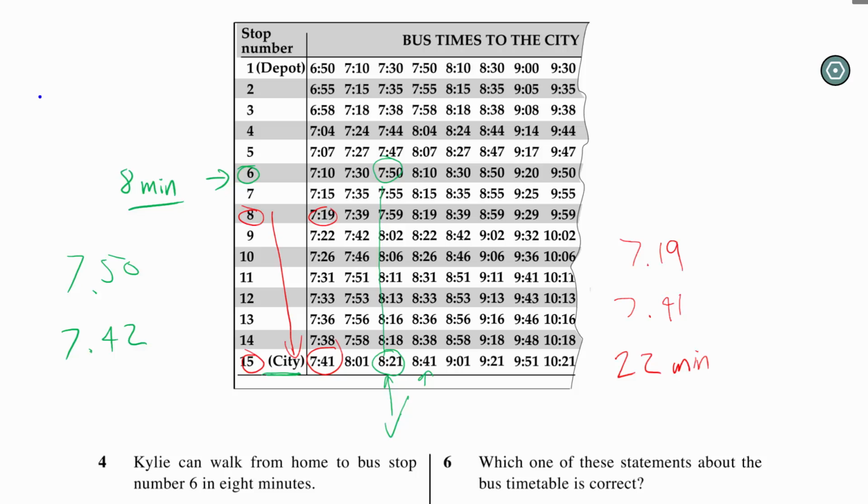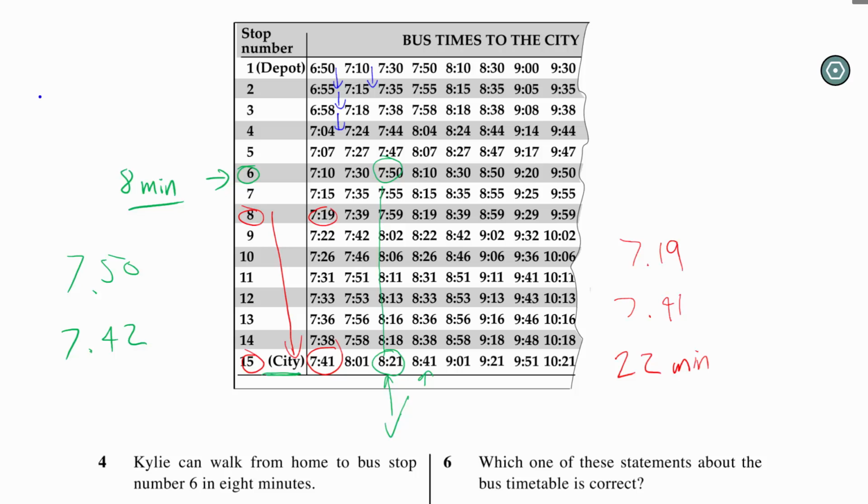6:50 from the depot to number 2, that takes 5 minutes. That also takes 5 minutes. Fair enough. From number 2 to number 3, that takes 3 minutes. And then from number 3 to number 4, let's figure it out. 58, 59, 7:00, 7:01, 7:02, 7:03, 7:04.